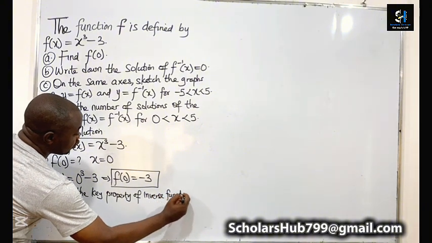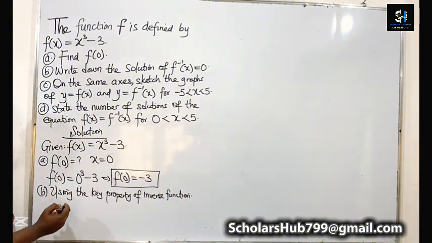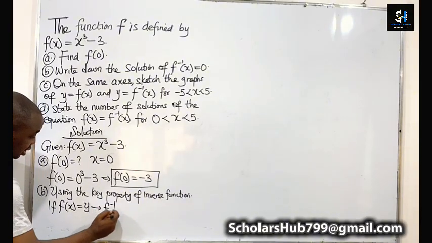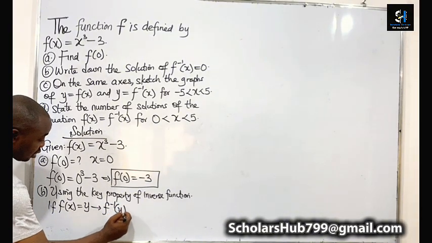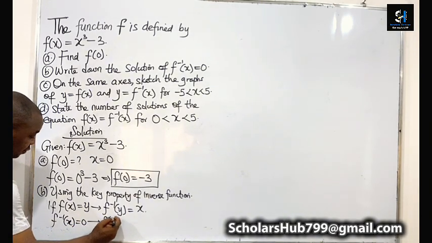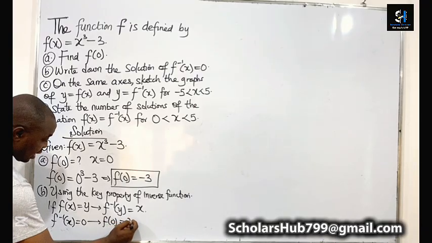That is the property which states that if f of x equals y, this implies that the inverse function of y will be equal to x. So inverse function of x equals 0 implies that f of 0 will be equal to x.